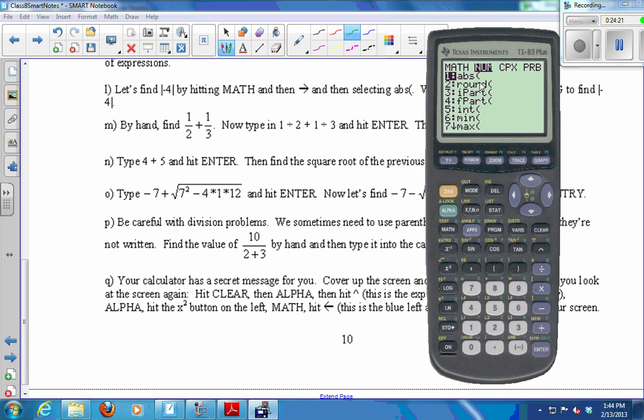Now, the older models, when you click this, it's just going to pop up ABS parentheses, and it's saying, what do you want to take the absolute value of? Newer models, you'll actually get absolute value bars, and you type in what you want to take the absolute value of. So if I want the absolute value of -4, type that in, hit enter, and you get 4.